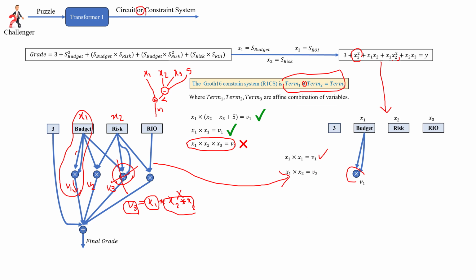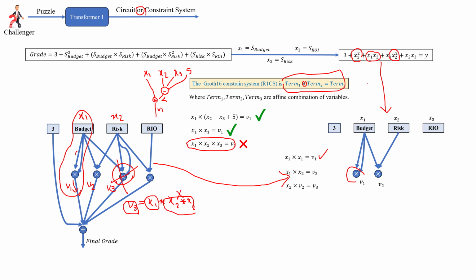So the second part, we want to handle this term in our scenario. X1 multiplied by X2 equals V2, and this is a valid gate or a valid constraint, right?